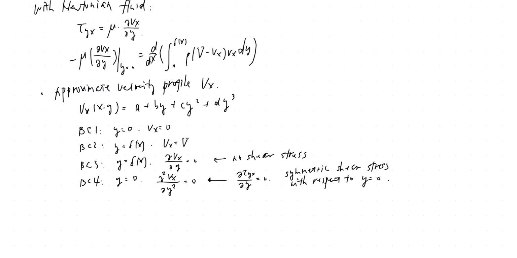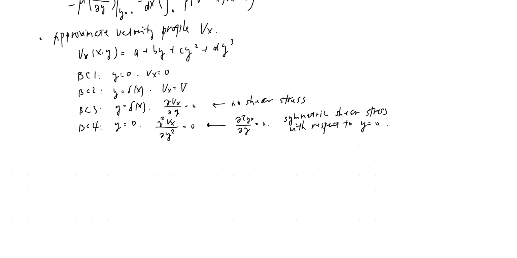If you use these four conditions to solve for A, B, C, D, after solving it, you will get the velocity. Try it on your own. It's not hard, you just need to be patient.